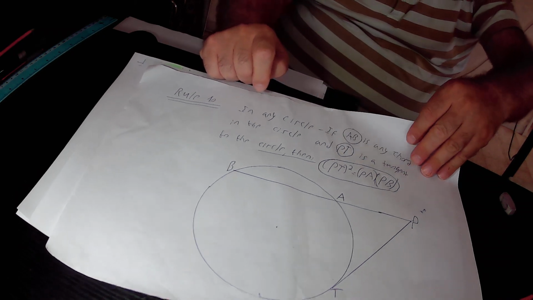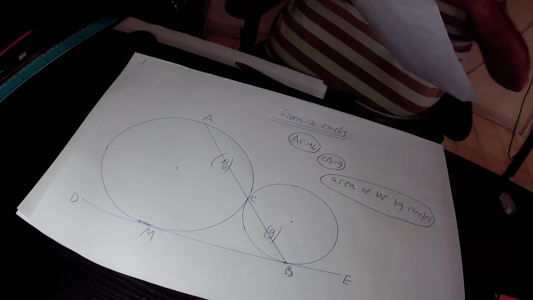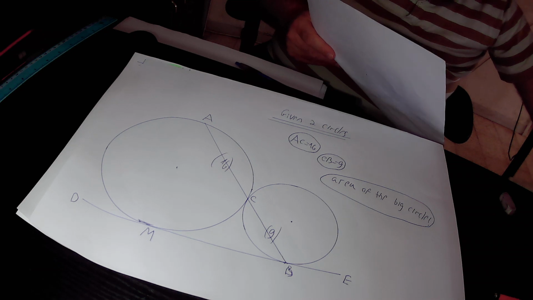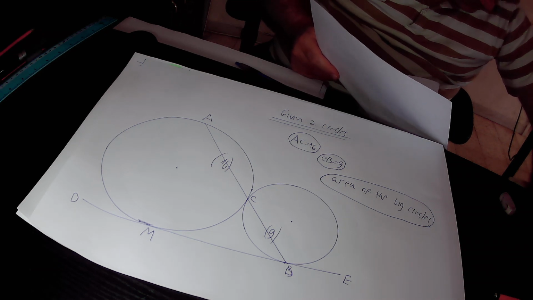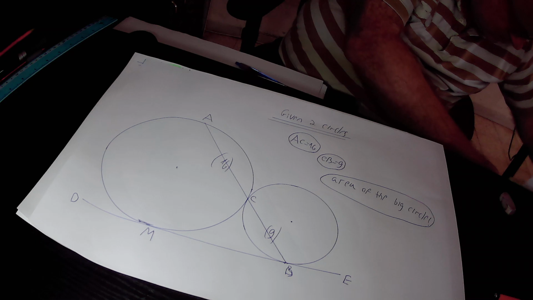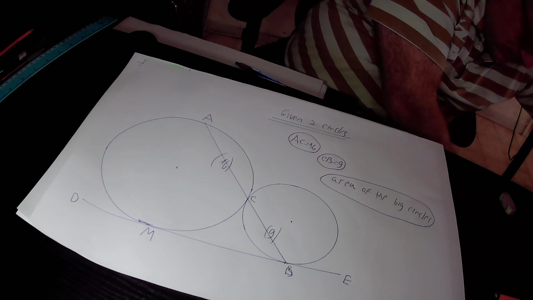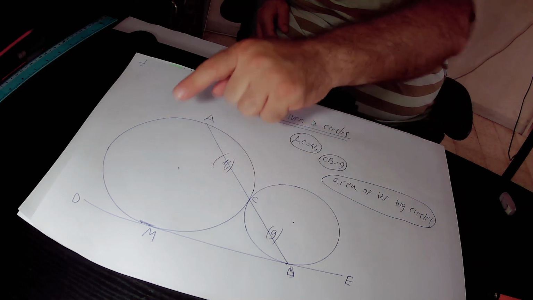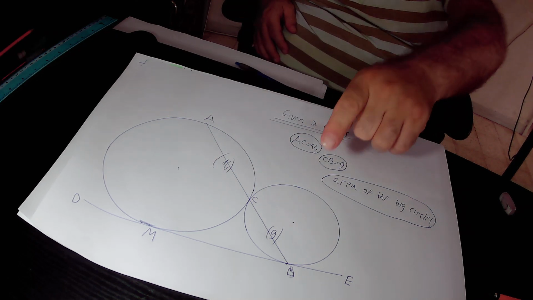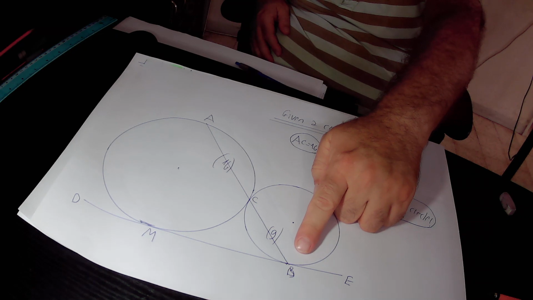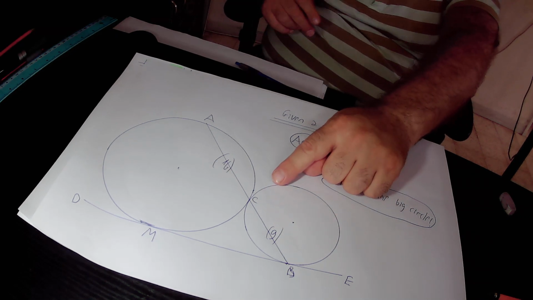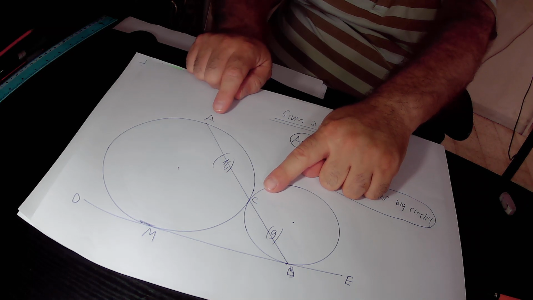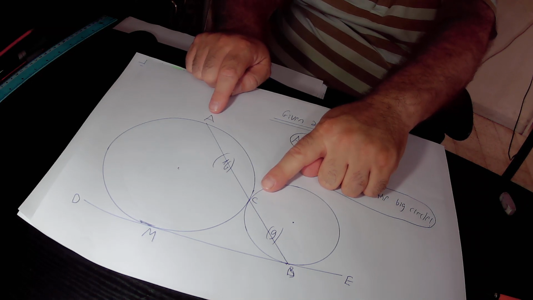We can actually implement Rule 10 in our drawing. Why? Because in our drawing, for this external point B, we have tangent BM, and for the same external point B, if we draw this straight line, it will cut the big circle at 2 points A and C, and this way we create here chord AC.